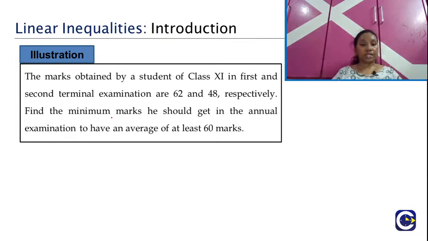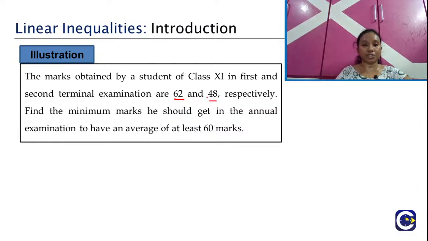So it's a question related to marks. The marks obtained by a student of class 11th in the first and second terminal examinations are 62 and 48. In the first terminal examination the student scored 62, and in the second terminal examination the student scored 48 respectively.